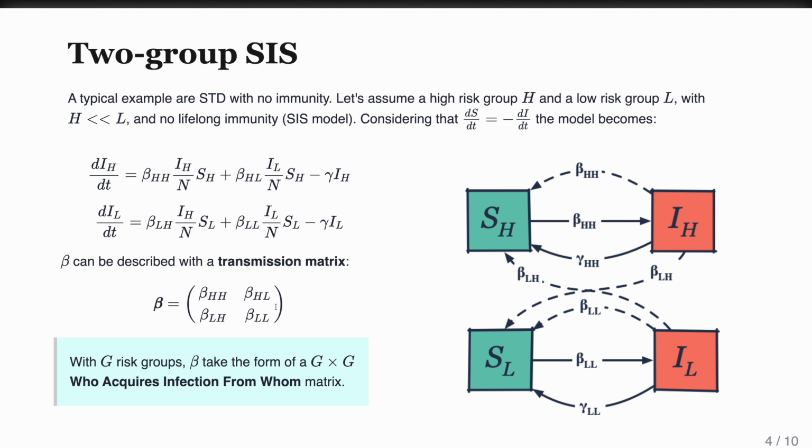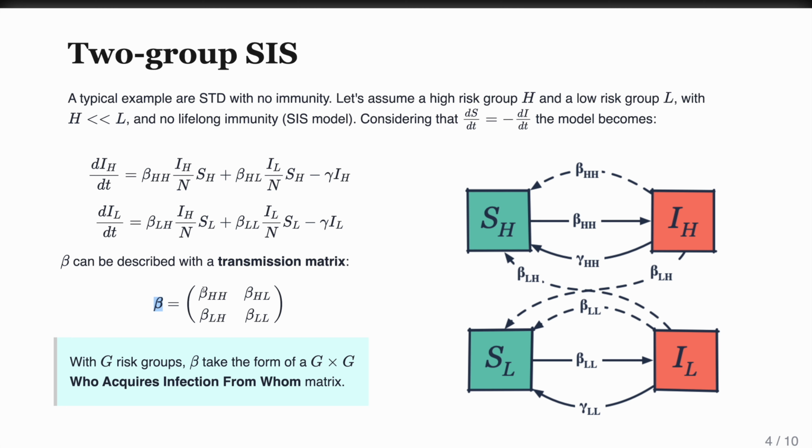This cross infectious risk is usually described as a transmission matrix that we observe here. So instead of having one beta, like we had in the previous models, we have a matrix of betas. A matrix means a group of elements, not just one. And we can see here that we have at least 4 betas.